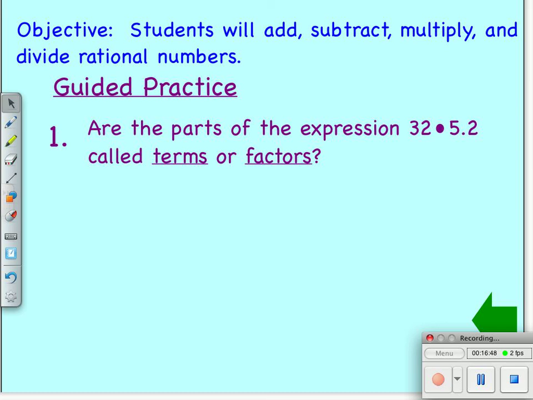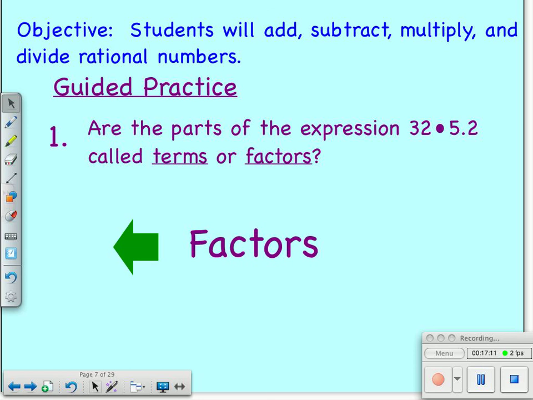This is review for you from last year and the year before that, actually, 5th and 6th grade. Terms are what we call numbers when we're adding or subtracting. Factors are what we call numbers when we're multiplying. Since this is a multiplication problem, the term we would use is factors. So your answer is factors.